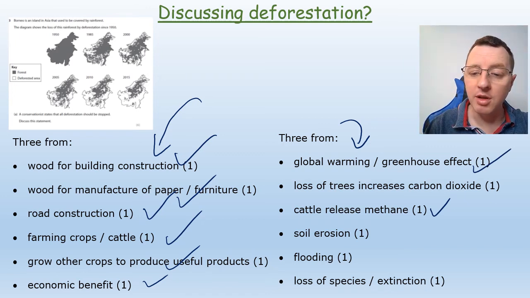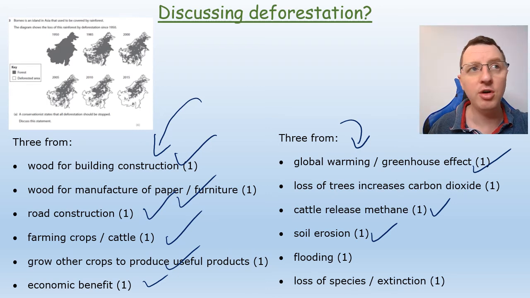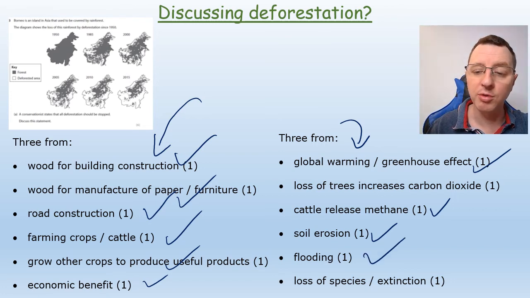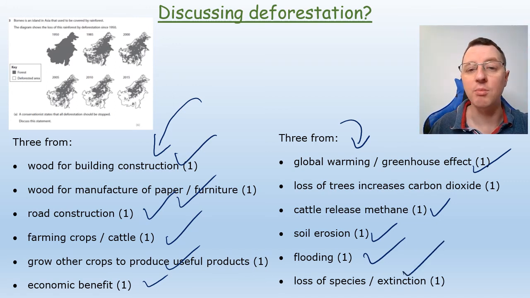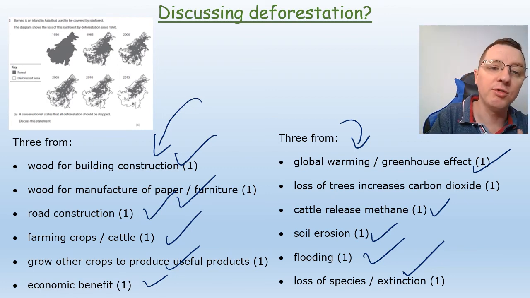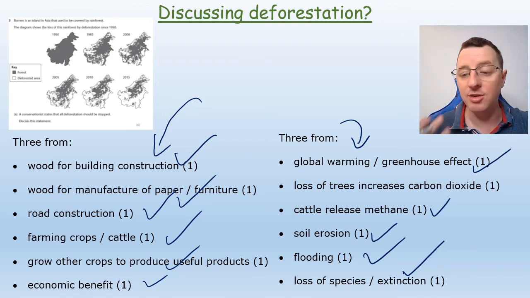We will also get a large amount of soil erosion, so even though the land appears fertile at first, after a few years it will become very infertile as that soil is washed away, leading to possible flooding in the local areas. There will also be a loss of species, or extinction of species, leading to reduced biodiversity. So you should be able to get at least 3 arguments for deforestation and at least 3 arguments against deforestation in an exam question like this.